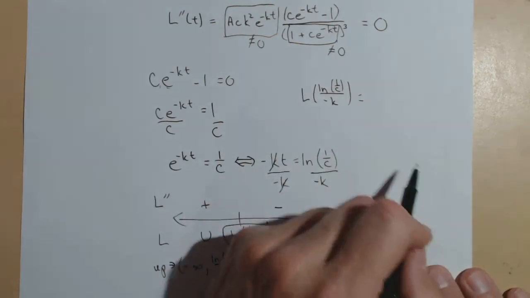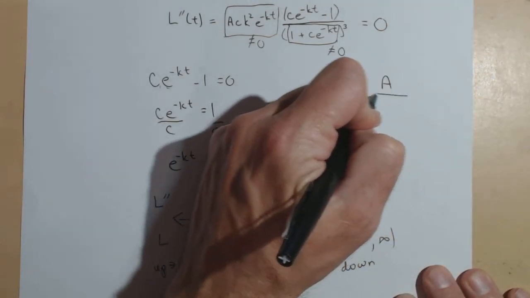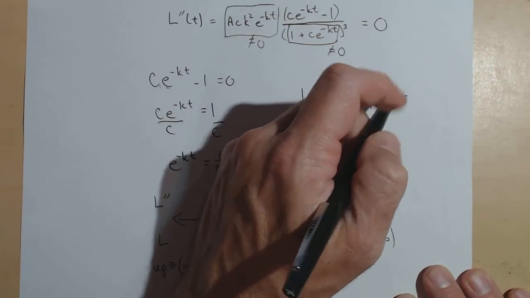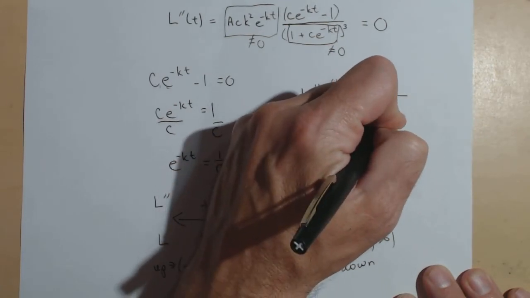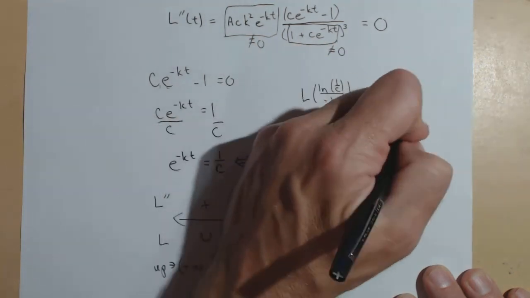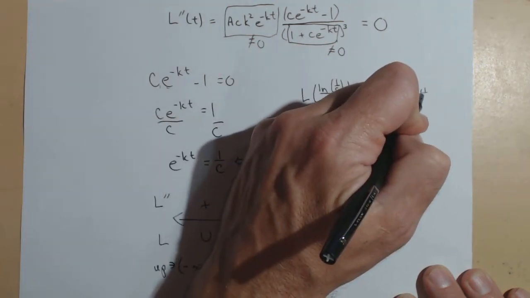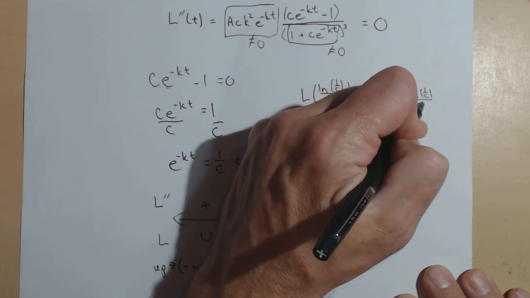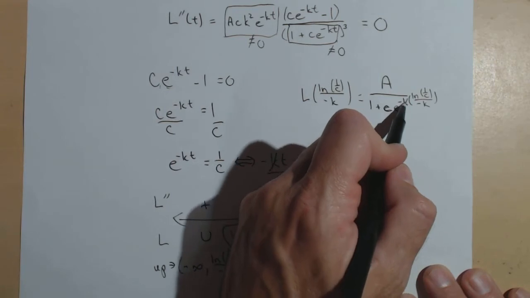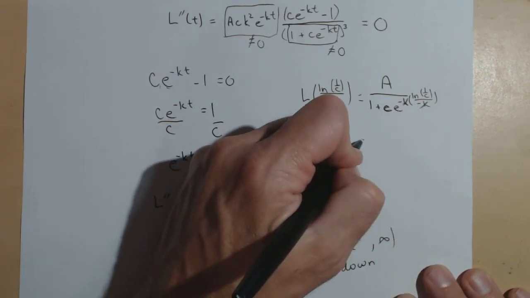So back to our original function, we have a over 1 plus c e to the negative k, and in that input is going natural log of 1 over c over negative k. First thing you might notice, these can't cancel out right away.